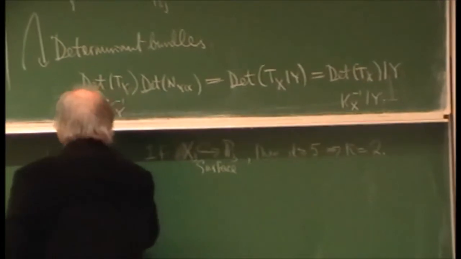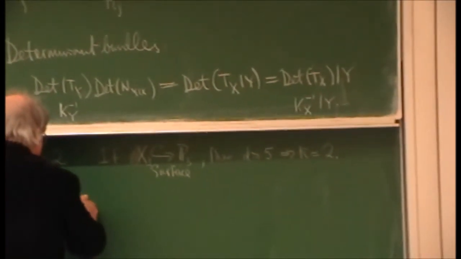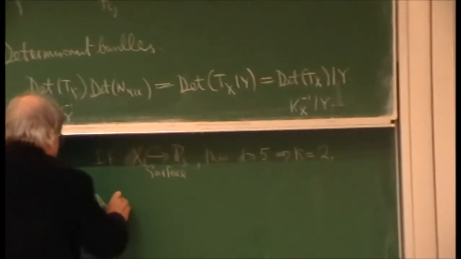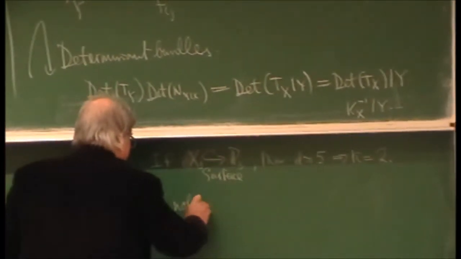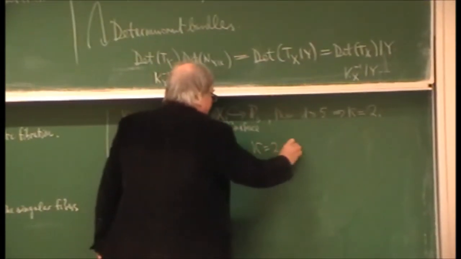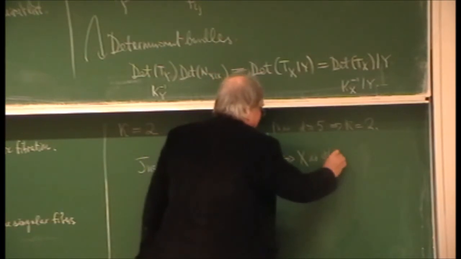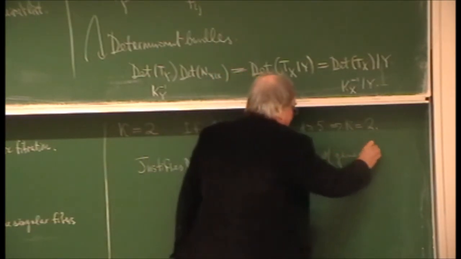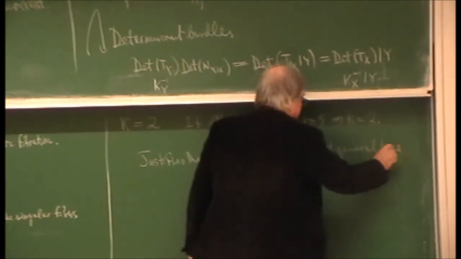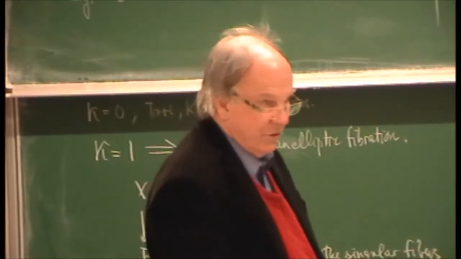And this justifies the notation, which is Kodaira dimension 2, we say the surface is of general type. Okay, because you see, with a high enough degree, every surface is of general type.